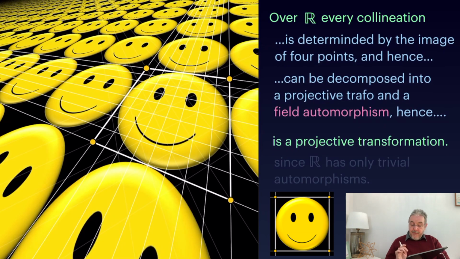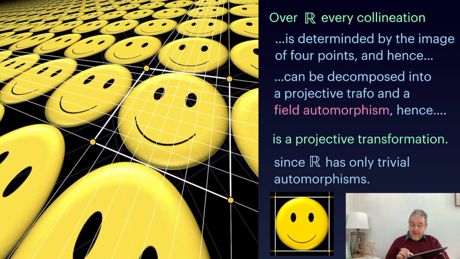So the real numbers have only one automorphism, namely the identity. Well, since every collineation can be decomposed into a projective transformation and a field automorphism, the only way this can happen over the real numbers is that it is just a projective transformation.